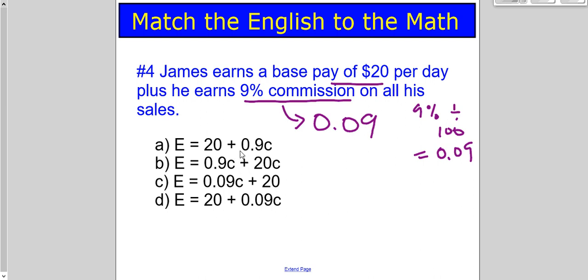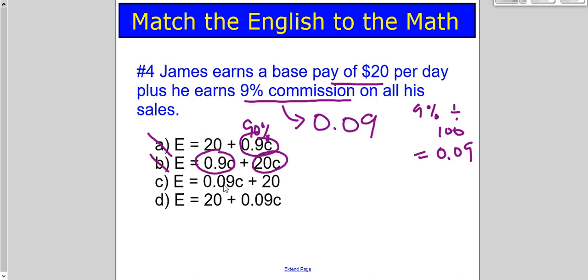And so what he earns in a day, it looks like it's not A, because this is 0.9C, so that would give him 90% commission. That would be lovely, 90% commission. So it's not A. And same here, right? He has commission on 90% plus commission on the $20, so it's not that one.